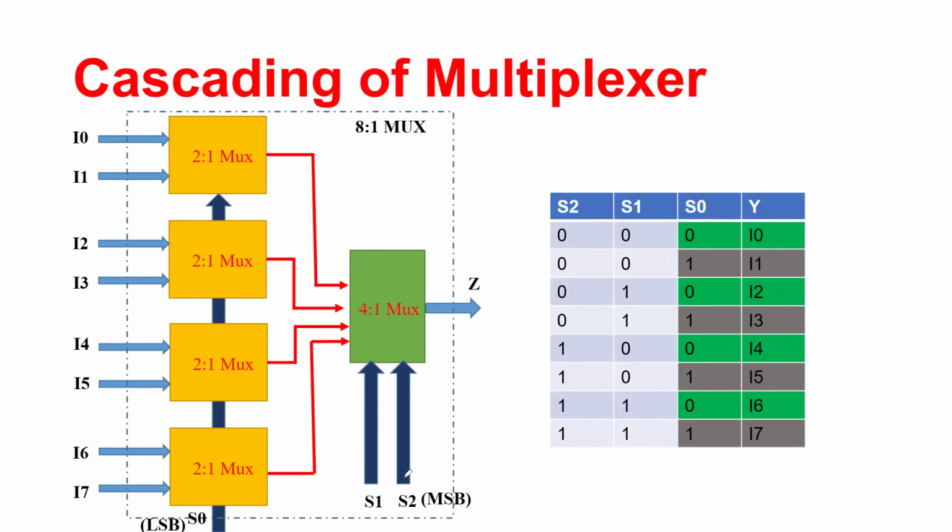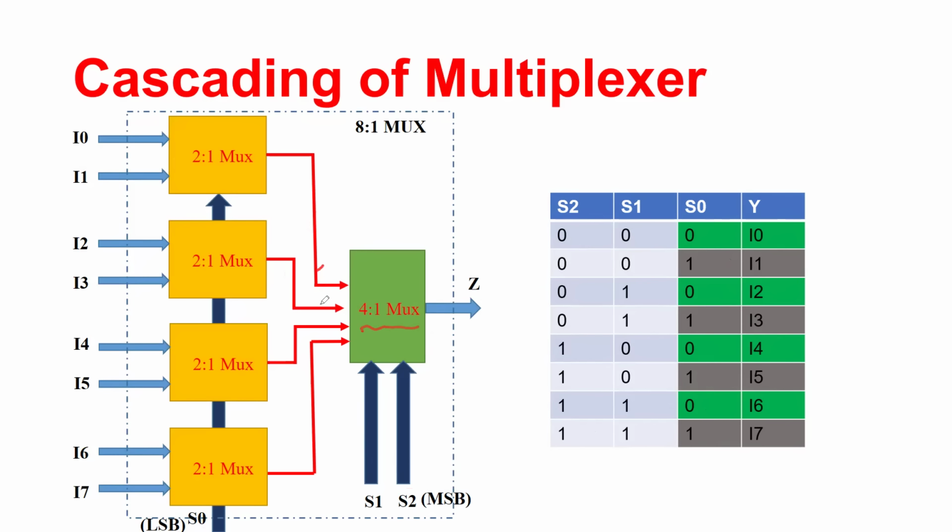So you see that I0, I2, I4, and I6 are available at these output lines. And they get available when you have S2, S1 to be 0 0, 0 1, 1 0, and 1 1. These two select lines should be like that. However, when S0 is equal to 1, which is indicated by the gray lines, then your I1, I3, I5, I7 are available at these lines, which are the input data lines to the 4:1 MUX.